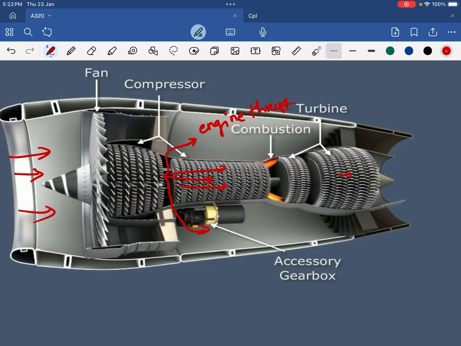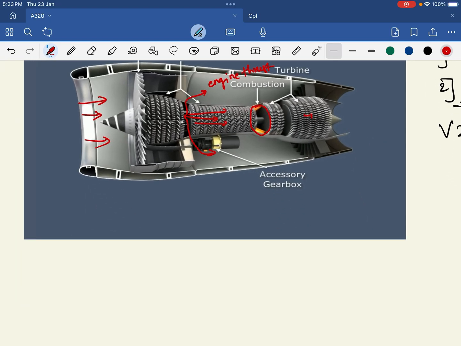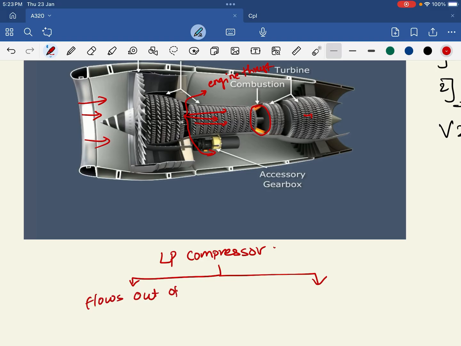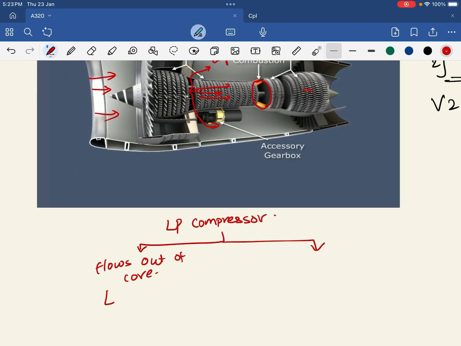This compressed air will then go to the combustion chamber for combustion. So what happens is, once the air is out of the low pressure compressor, it is divided into two parts. Most of the air flows out of the core and is used to produce engine thrust.